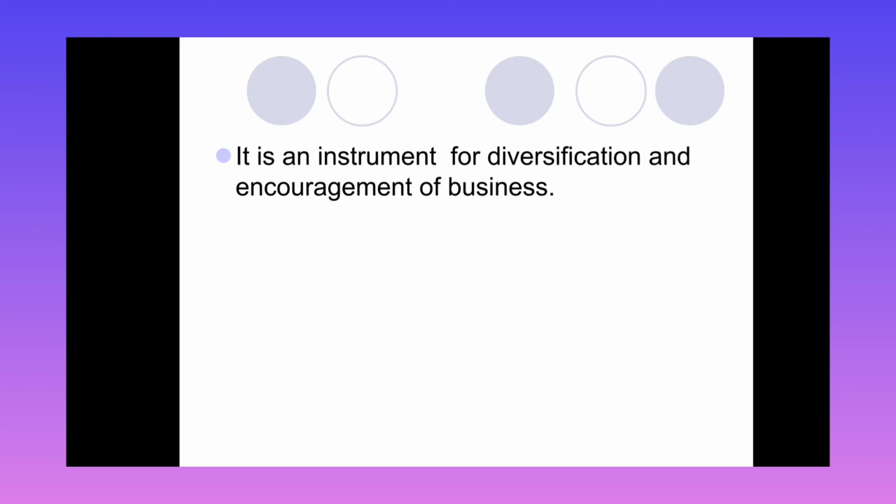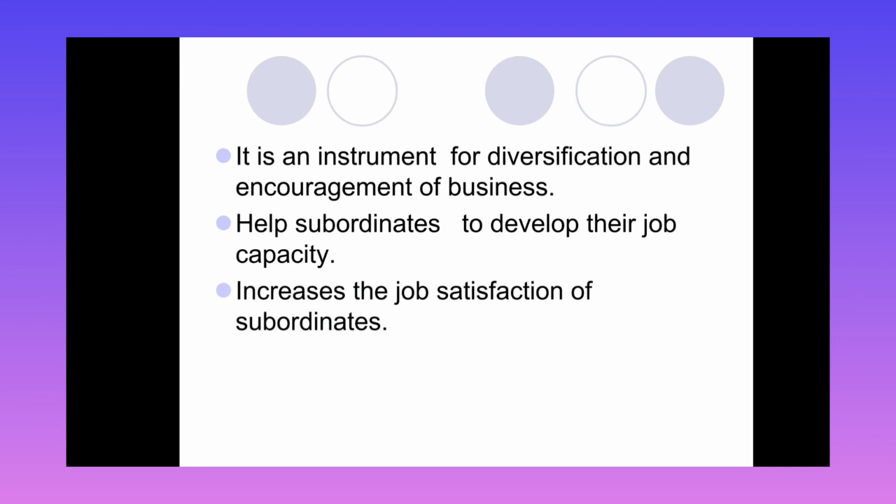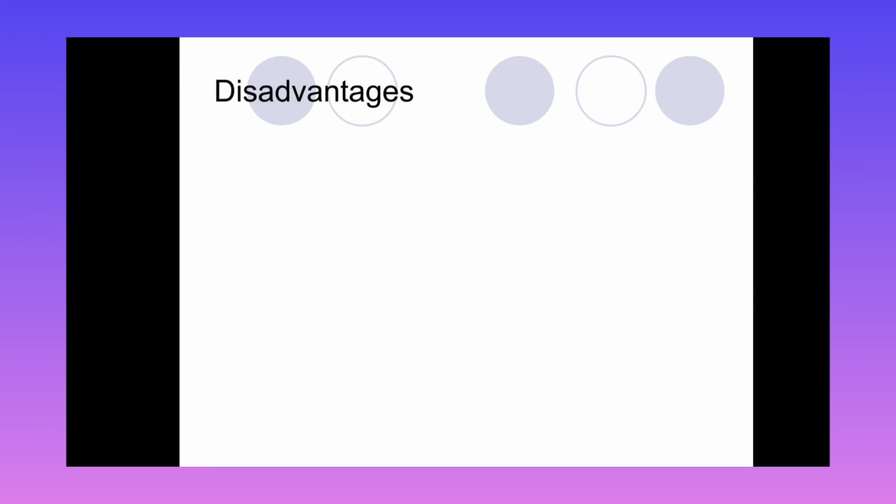We can utilize that. Then help subordinates to develop their job capacity. We can improve their new skills. Job satisfaction of the subordinates is there. I think it's clear. Then we can see the disadvantages.